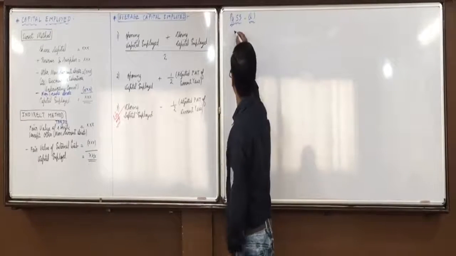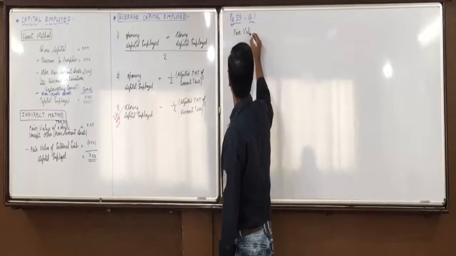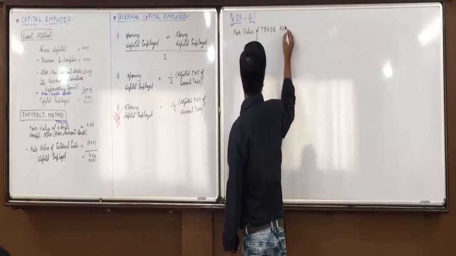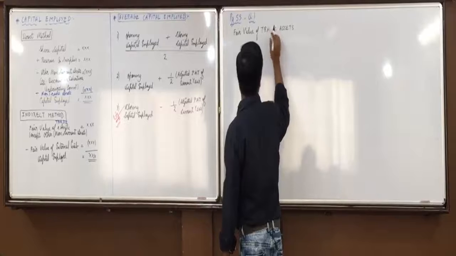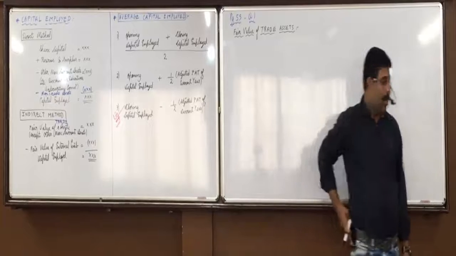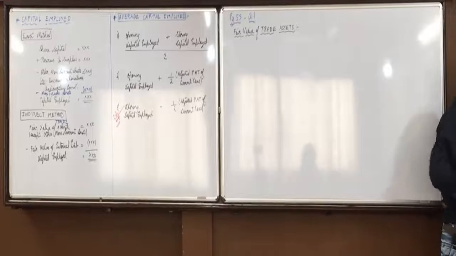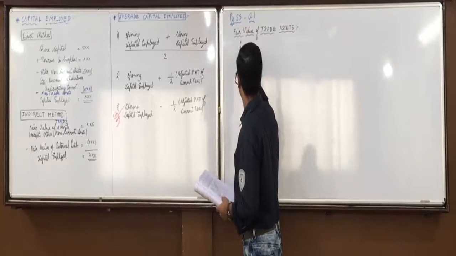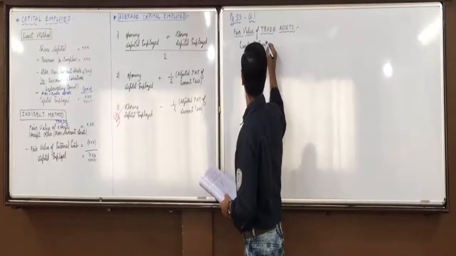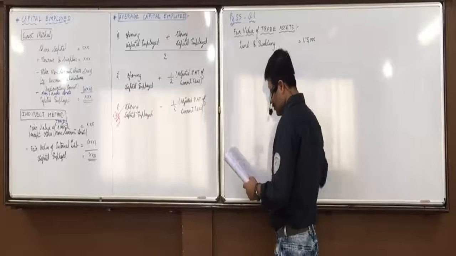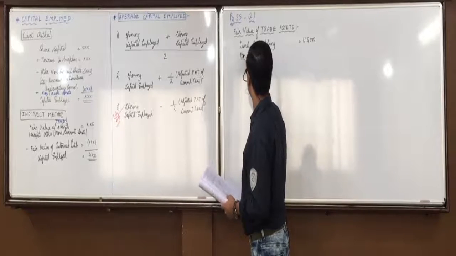So, let us take the fair value of trade assets. Yes, which ones are those? Land and building, trade assets. Land and building 1,75,000. Plant and machinery 90,000.